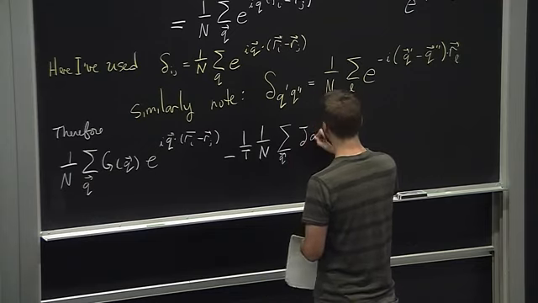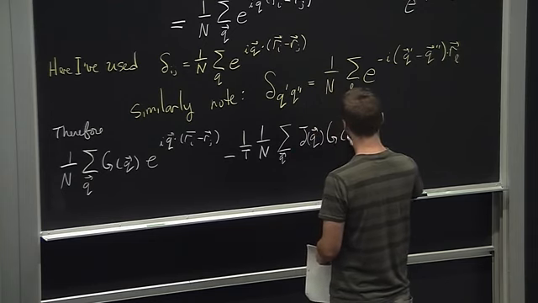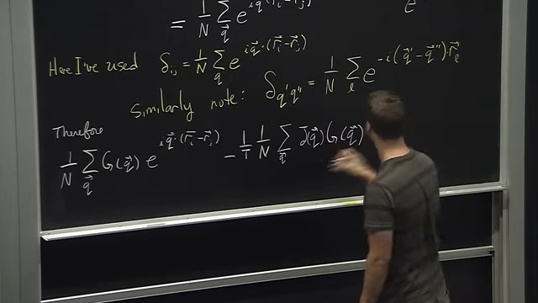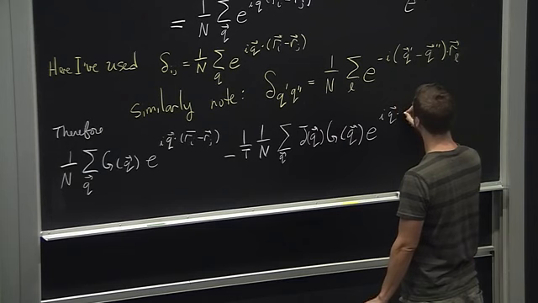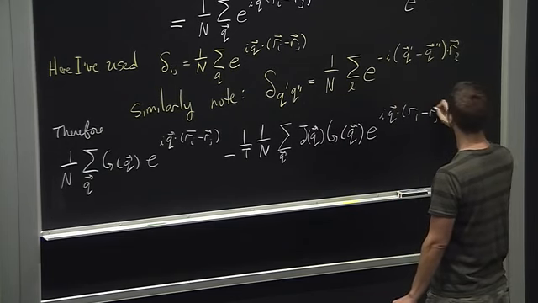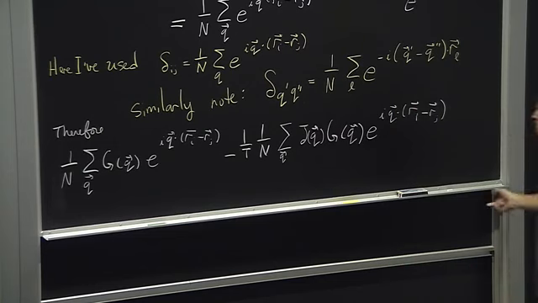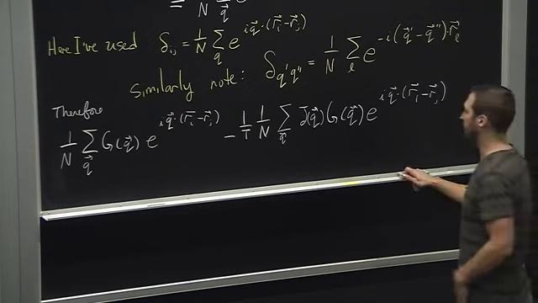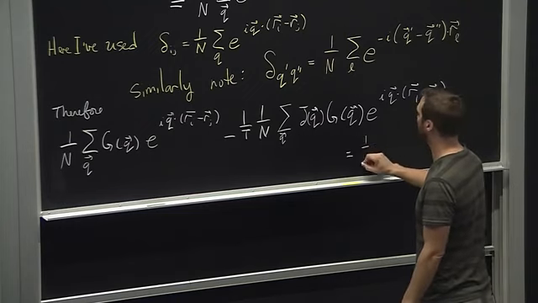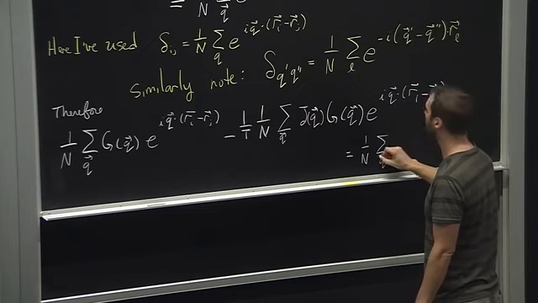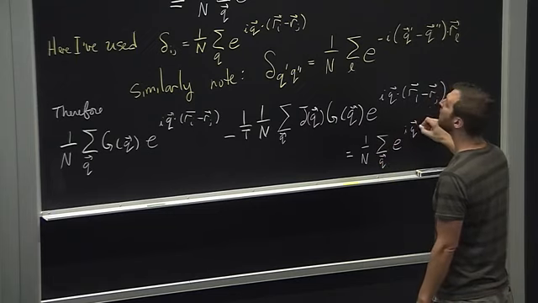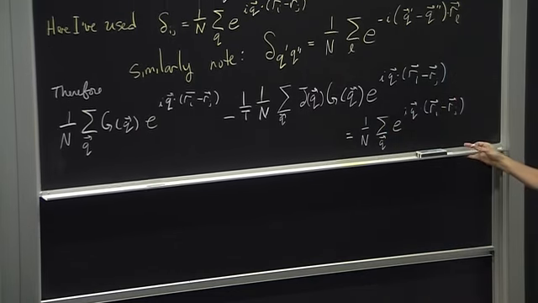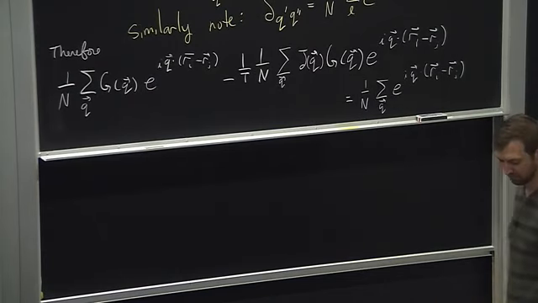And then I'll have J and G. And then I should have the same e to the i q dot Ri minus Rj. And then just the delta function on the right-hand side. So, right? Now what do we do?